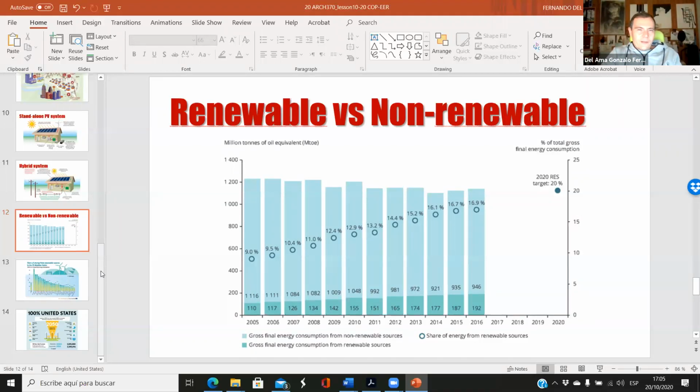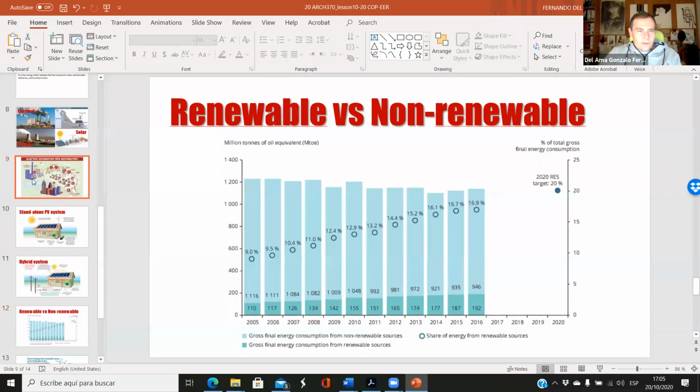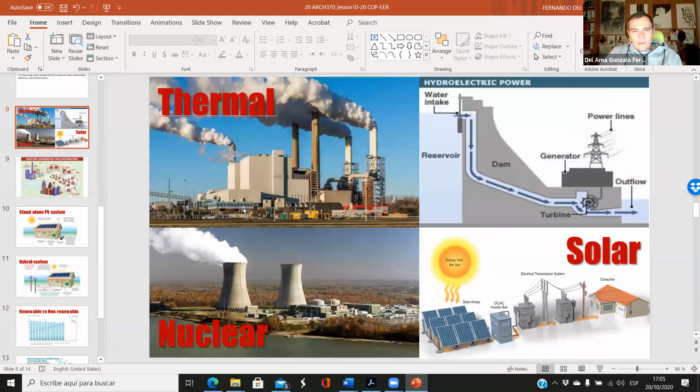Is this controversial? It is. Why? Well, if you have made an investment in a thermal plant or a nuclear plant, and someone says that in 10 years we will get rid of all thermal or nuclear energy, you say, what?